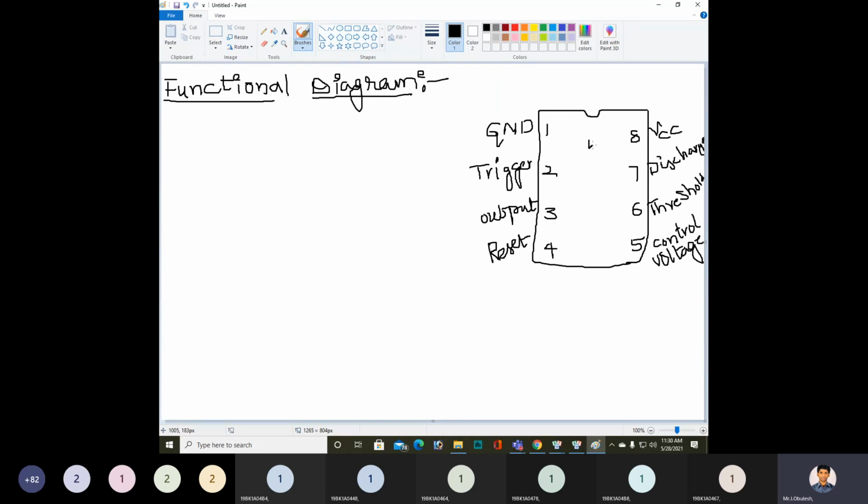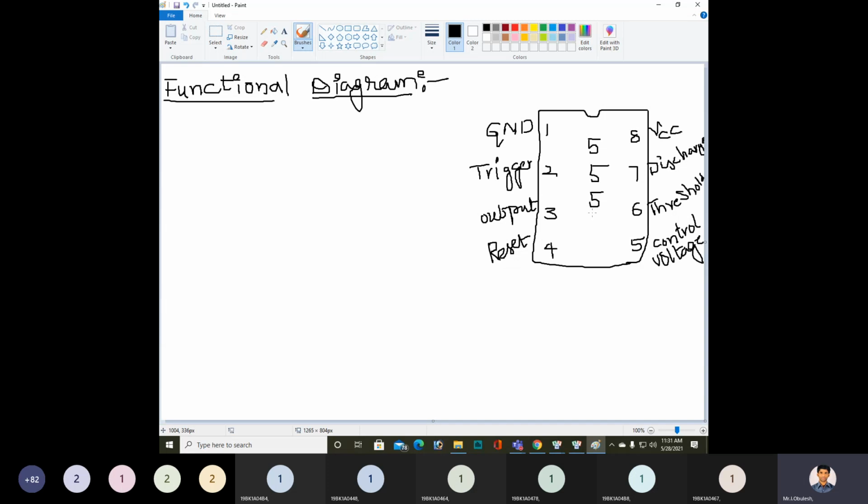So this is the IC 555 timer. This IC 555 timer consists of 4 blocks.